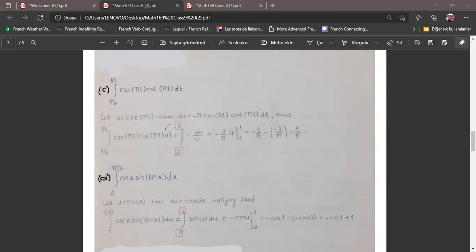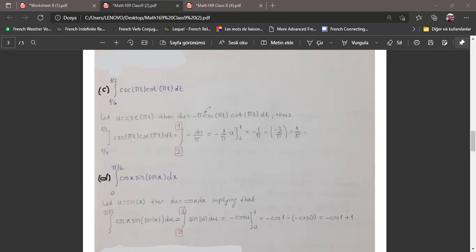Now what do we have? We have u equals cosecant pi t. So this is u. Oh, sorry.